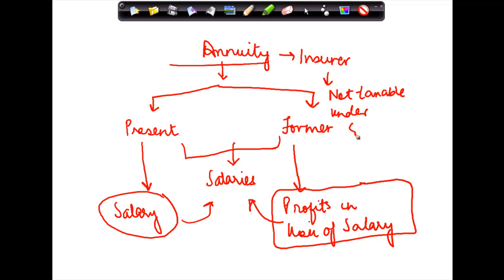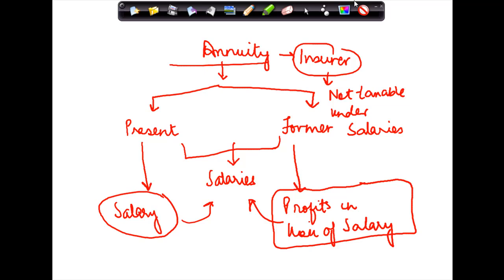Please note all these down in your notes because you may not have a hard copy of this. So any annuity received from a non-employer is not taxable under the head salaries.